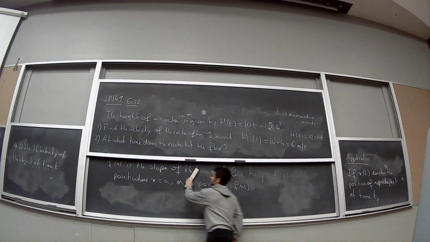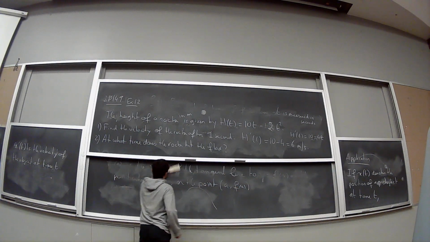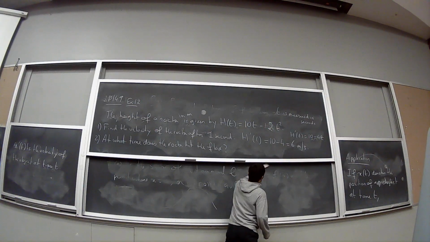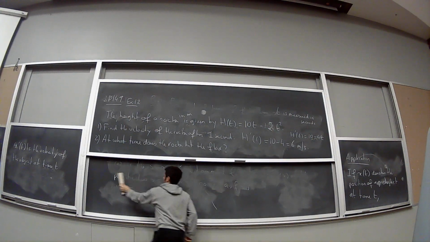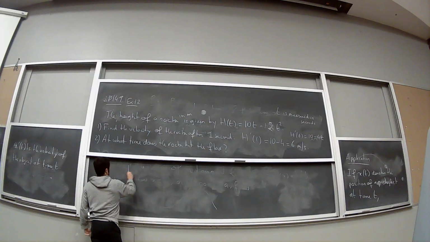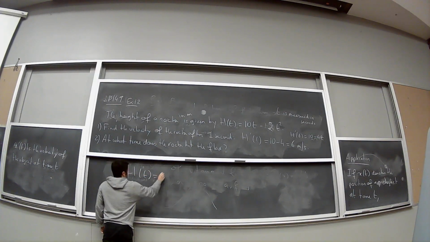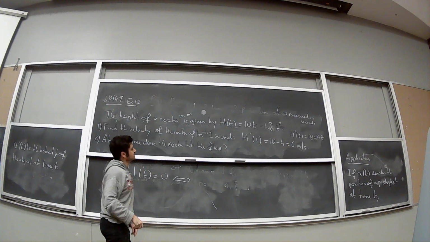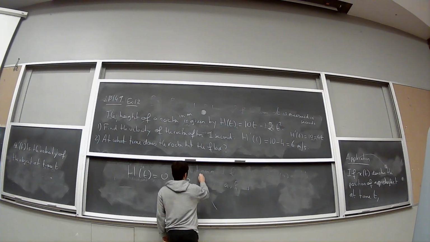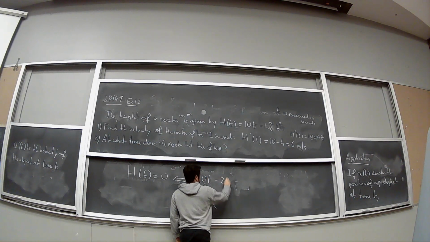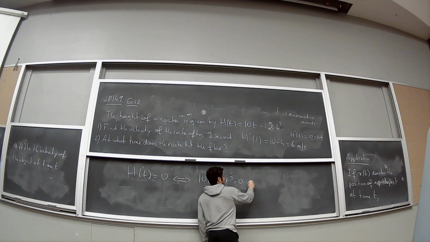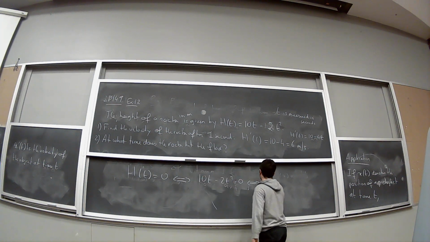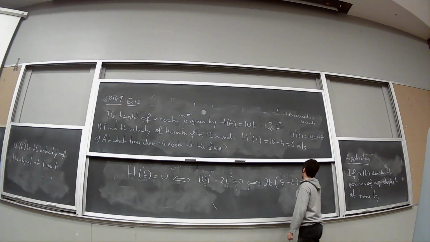Yeah, I think they should make sense. What do I have here? h of t is equal to 0, so I have 10t minus 2t squared is equal to 0. This is equivalent to what? I can factor a 2t out, so it's 2t times 5 minus t is equal to 0.